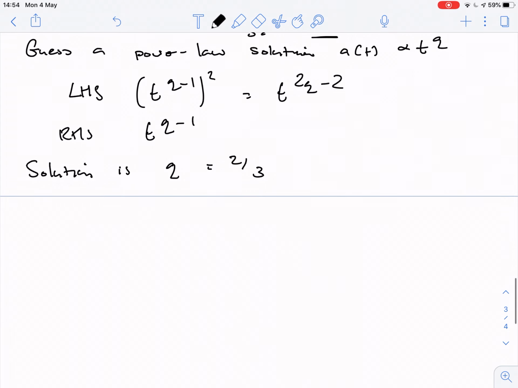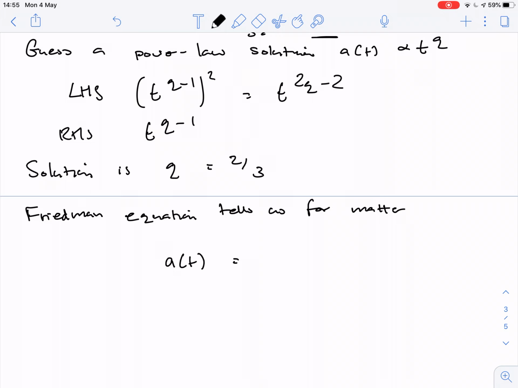In other words, the Friedmann equation tells us for matter that a as a function of t is just equal to t over your current time to the power 2/3.